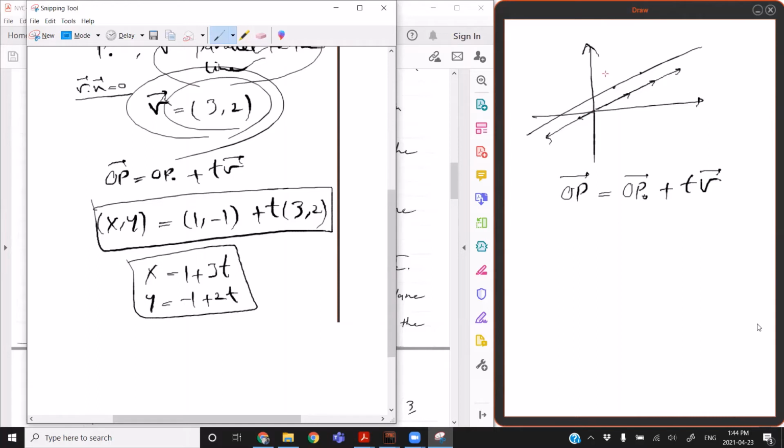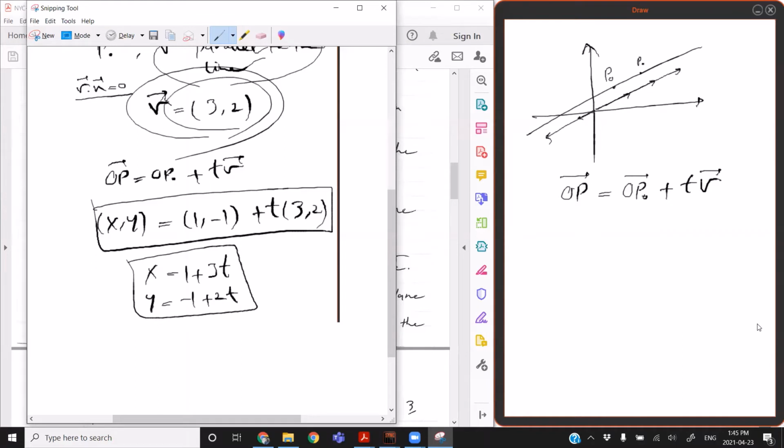So for example, if I'm using this point as P0 and this vector, it gives me one vector equation. If I'm using this other point P0 and this other vector, it will give me a different looking vector equation. Make sense?